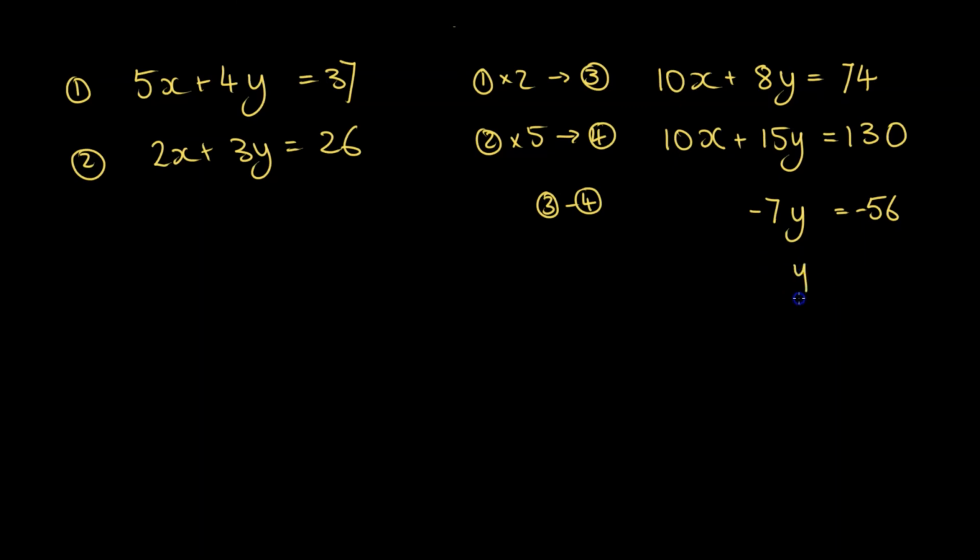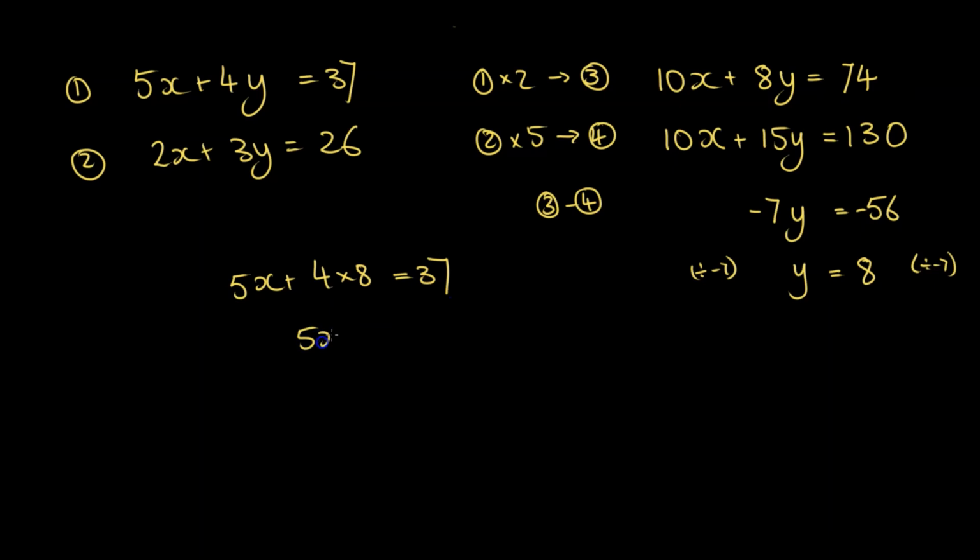So now if I divide both sides by minus 7, I will see that on the right, minus 56 divided by minus 7, two minuses make a positive. That leaves me with positive 8 equals y. And now I can take that and substitute it back into one of my previous equations. So 5x plus 4 times 8 equals 37.